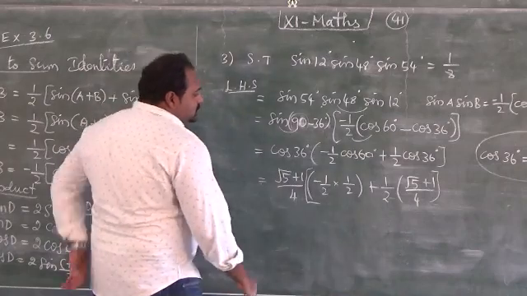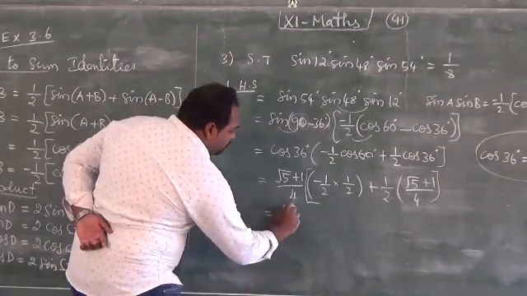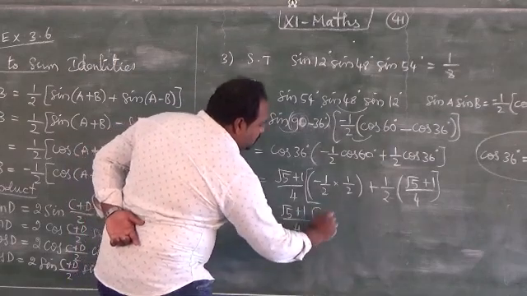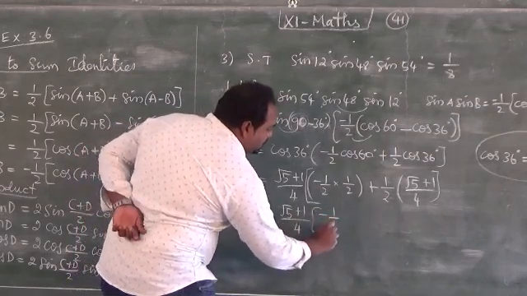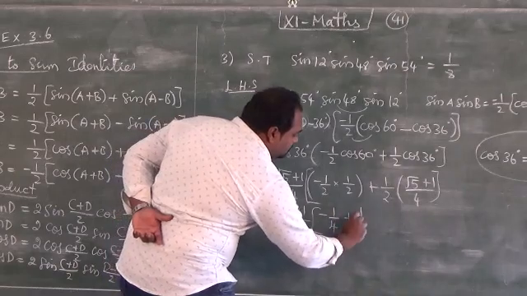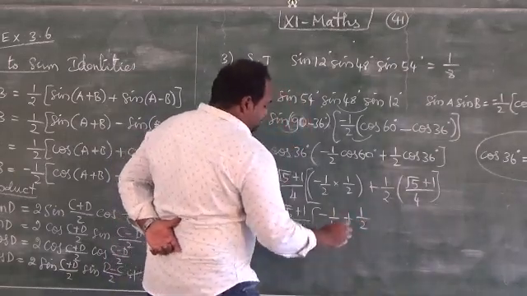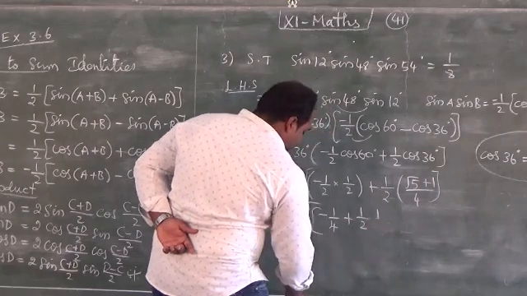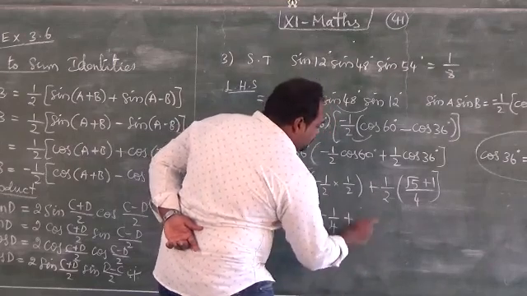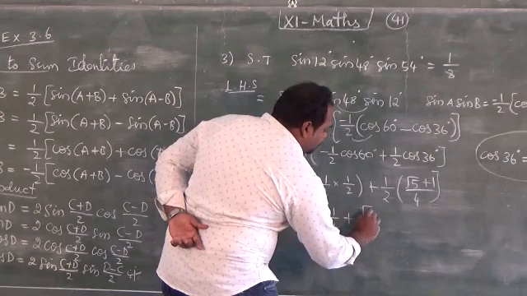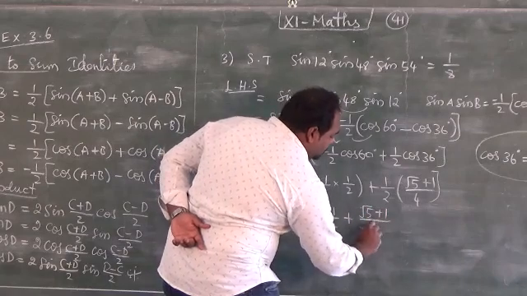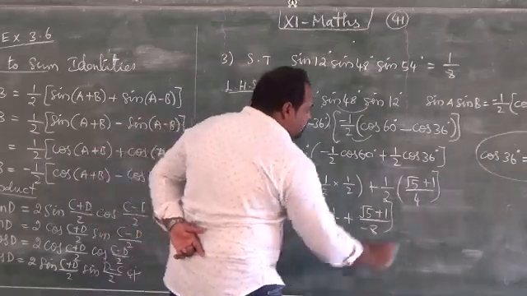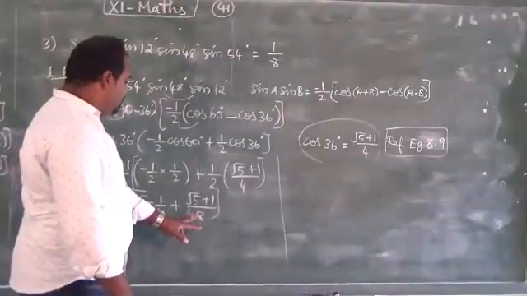Here it is minus 1 by 4 plus 1 by 2 times (root 5 plus 1) by 4. If you multiply this inside, we can get (root 5 plus 1) by 8.